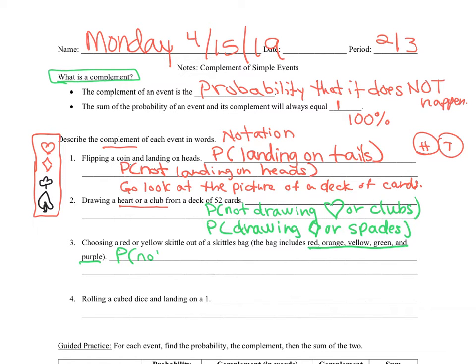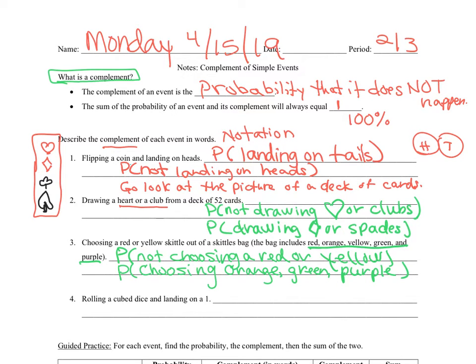So not choosing a red or yellow, or the probability of choosing orange, green, and purple. Those are the same thing, but in complement you would write this one. Okay, and you would write this one, and you would write this one. Those are the complements. It means the opposite of what the words say.